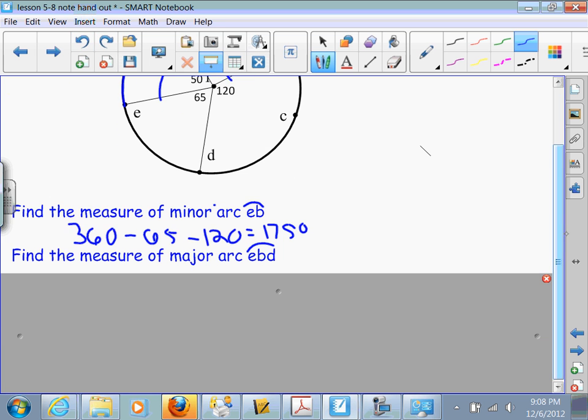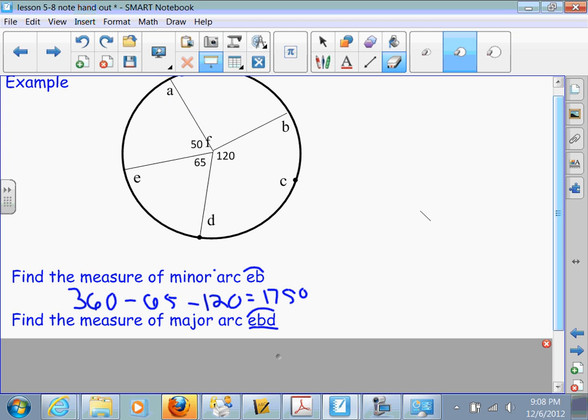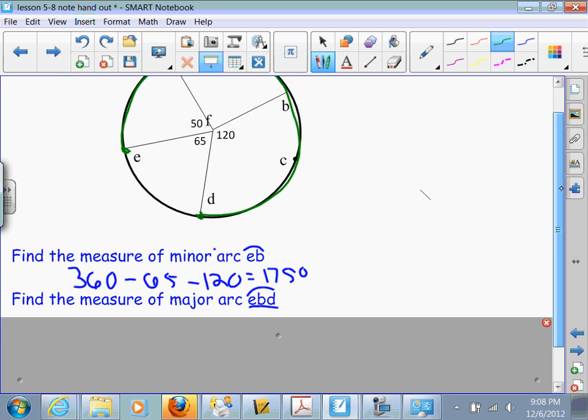I want to find the measurement of major arc EBD. So let's look where that is. Let me do some erasing so we can make this a little more clear. EBD is this circle here, that major arc there, from here to here. How do I find the measurement of EBD? Can I just subtract 65 from 360?